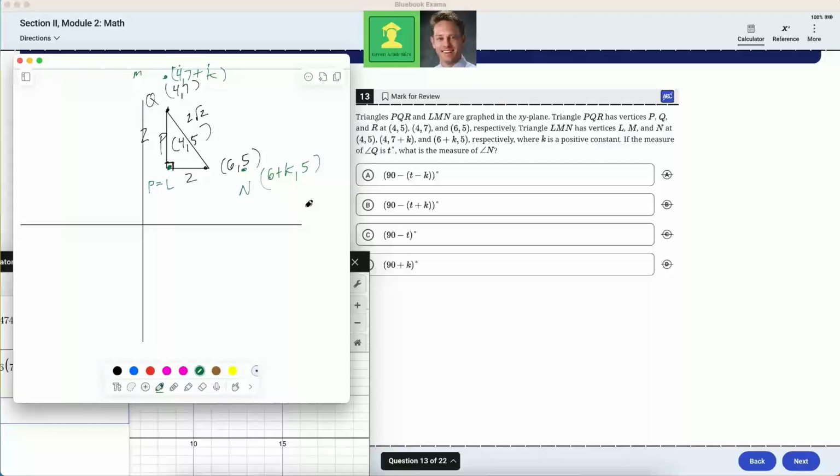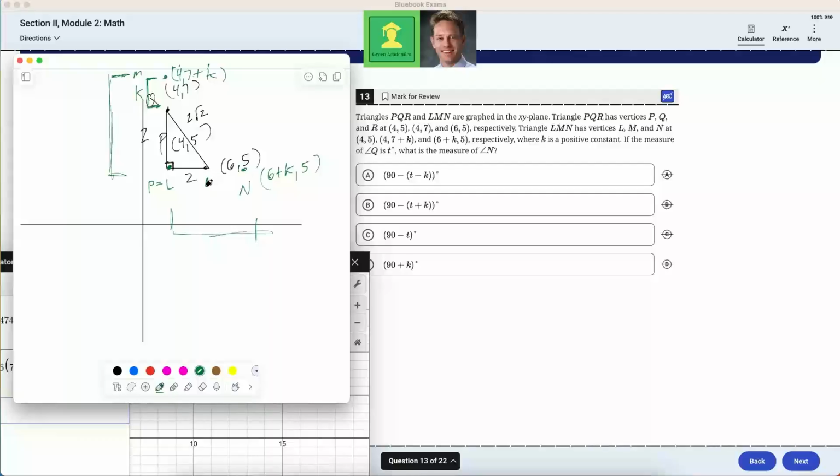6 plus K comma 5. So what's happening here is the K value, the extra offset, is equivalent on both sides of the triangle. From 4, 5 to 4, 7, you're basically going K units beyond upward right here. From 7 to 7 plus K, it's an extra K units.